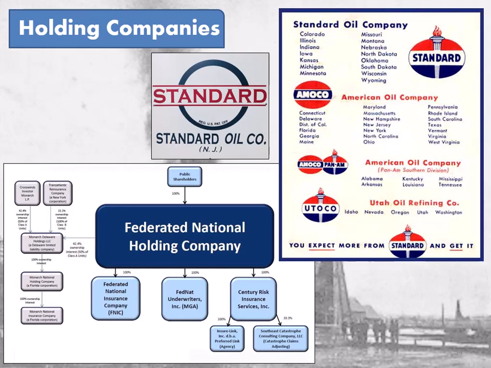It owns assets throughout the country. So it appears to be a kind of national company. So in the image on the lower left, the generic diagram of a holding company with the title Federated National Holding Company, it has the appearance of being a national company when in fact it is created by a single state.